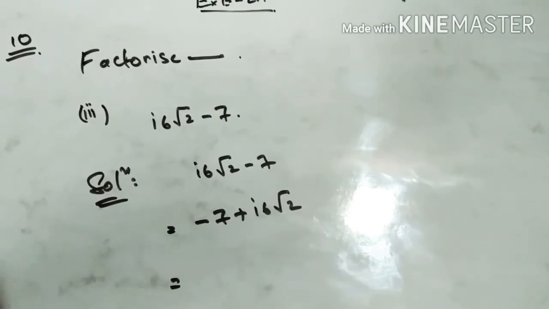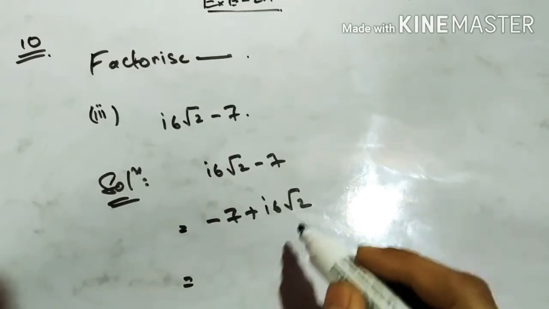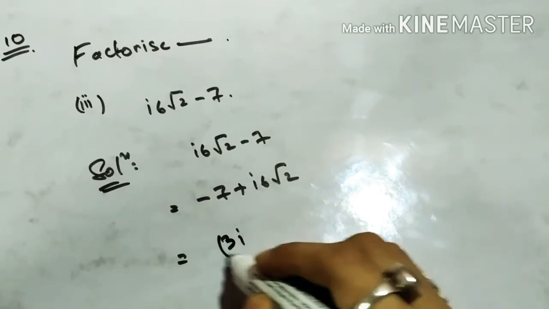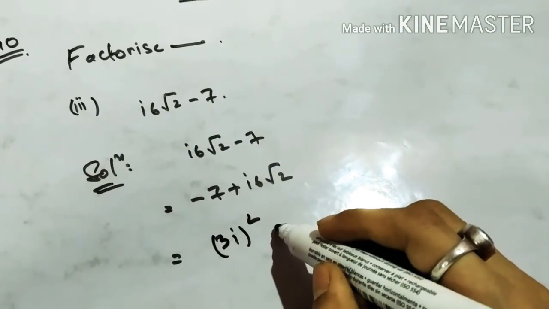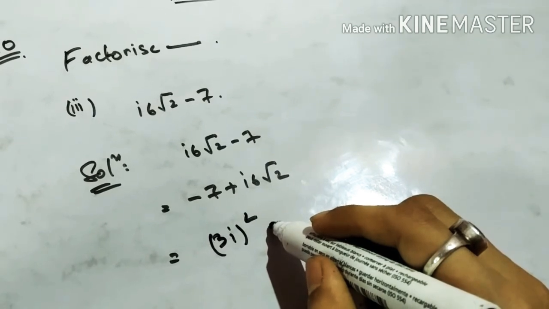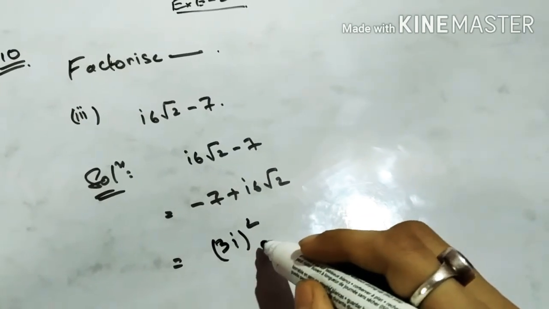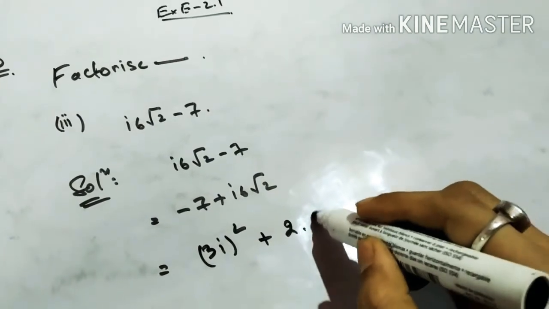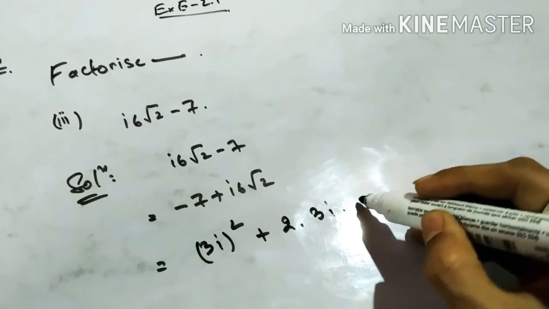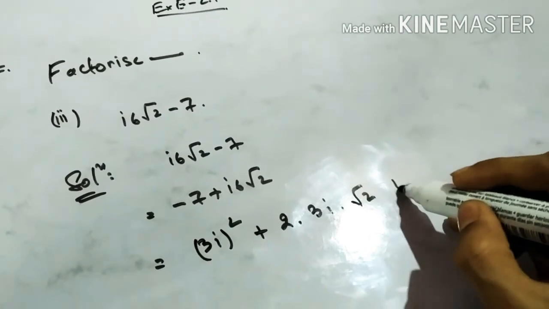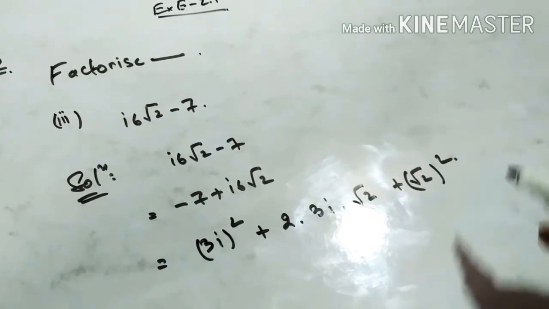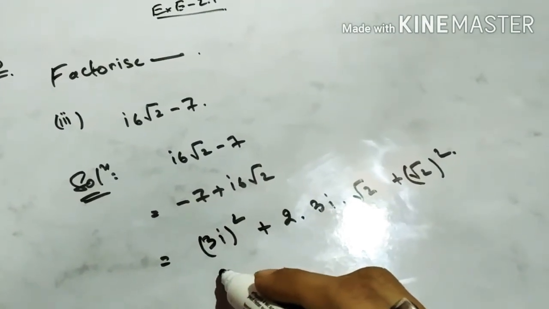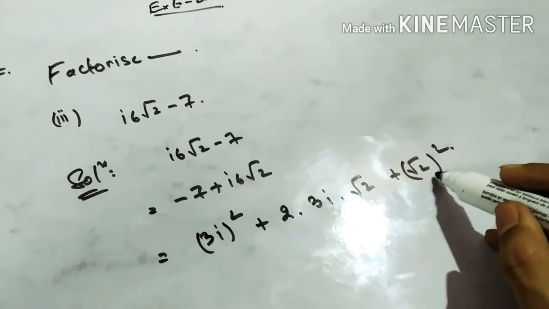So now in here you see this whole thing I can write in the form of (3i) the whole square plus 2 into 3i into root 2 plus (root 2) the whole square, because this will become 9i square, which will become minus 9, and this will become plus 2.